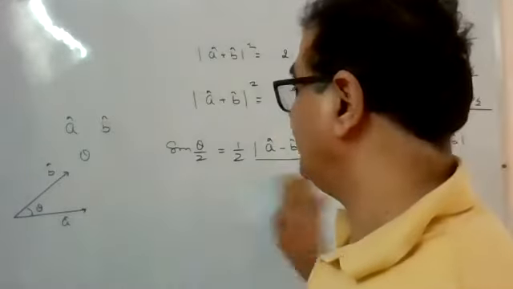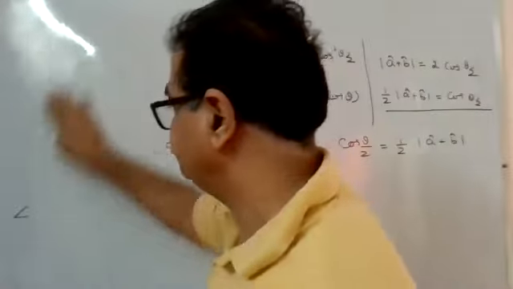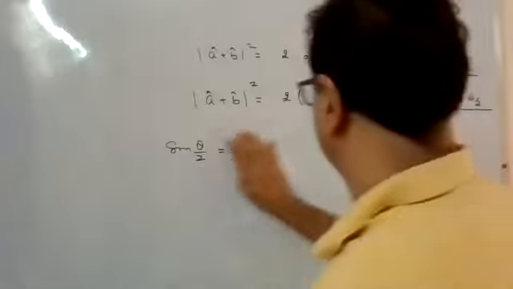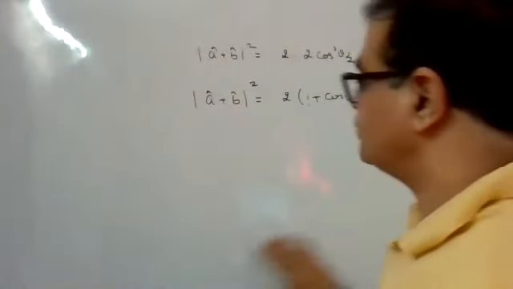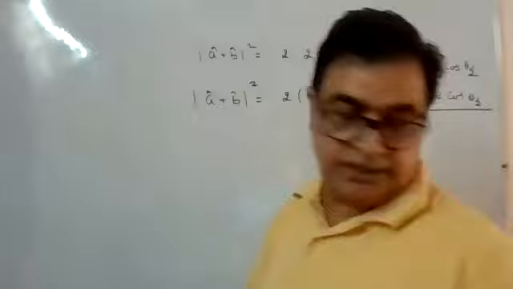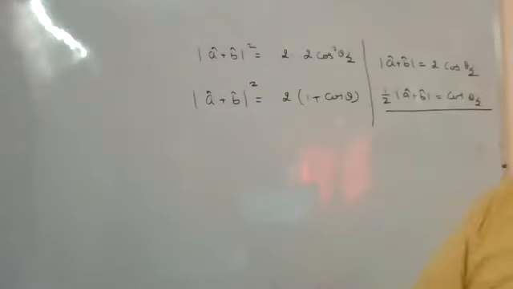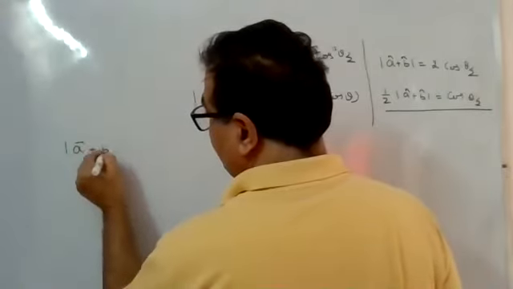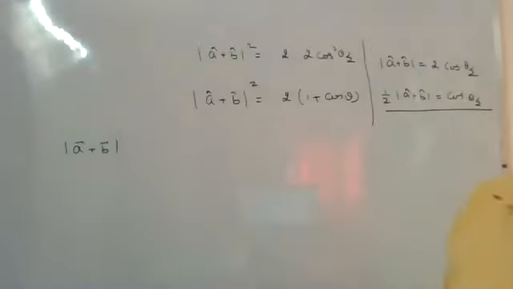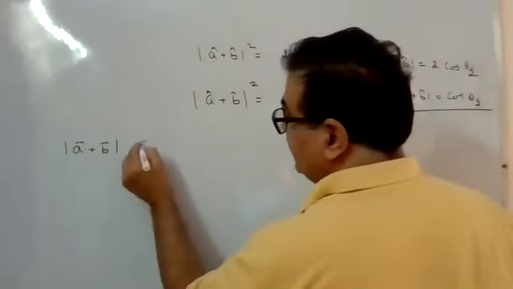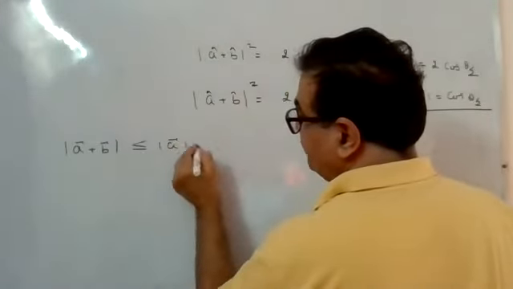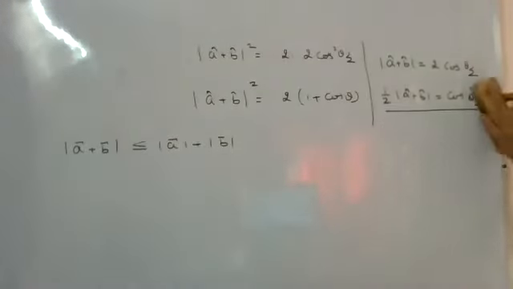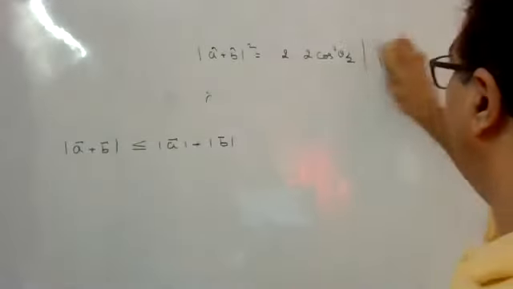For any two vectors A and B, prove that magnitude of A plus B is always less than or equal to magnitude A plus magnitude B. You have to prove this, where A and B are two vectors.